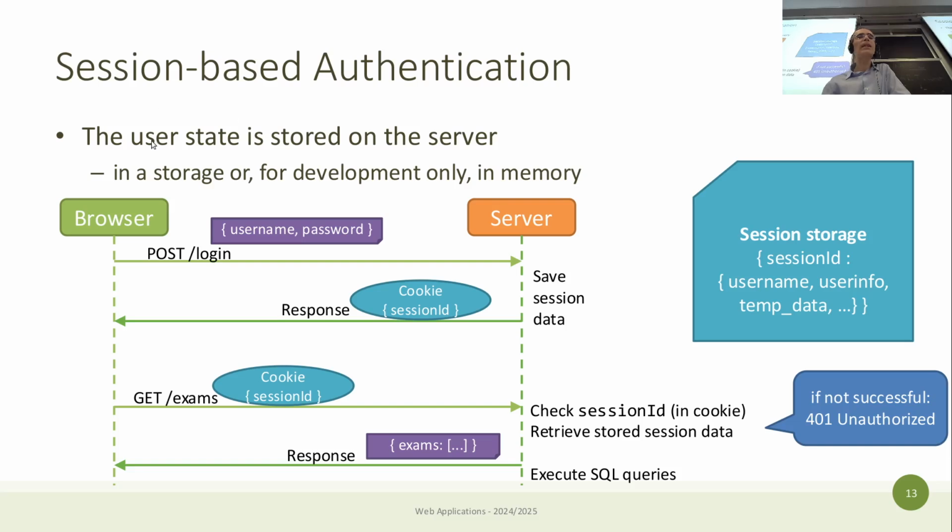Typically we call it the user state: the information that was set up at the beginning of the session, and that can later be updated during the session as well. So there's a certain set of properties that we can associate with the session. Typically, the most important property is which user was authenticated in this session.